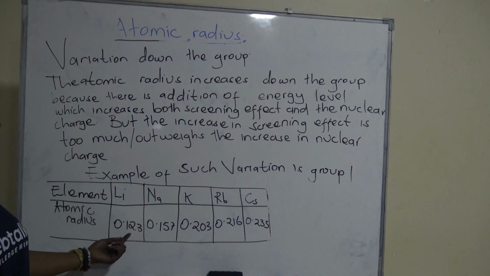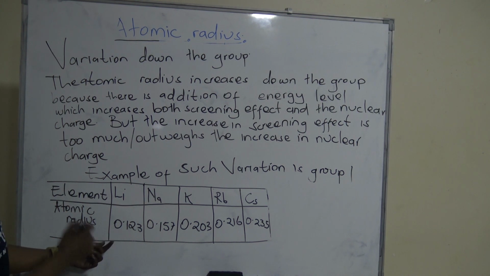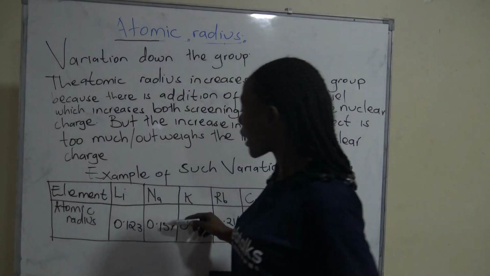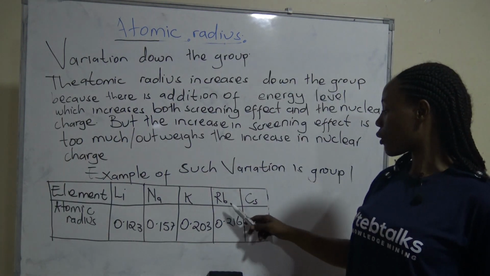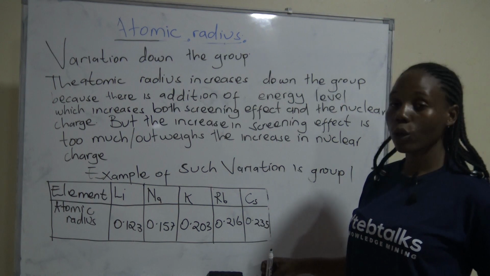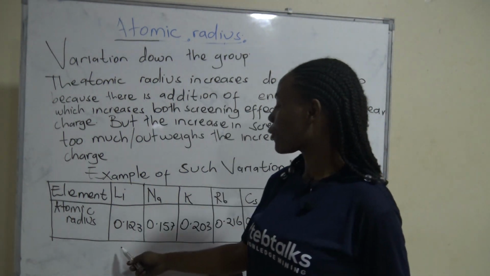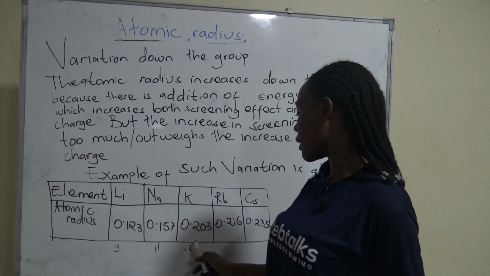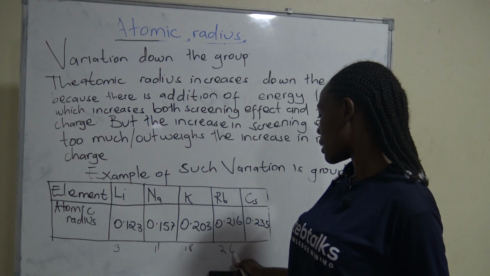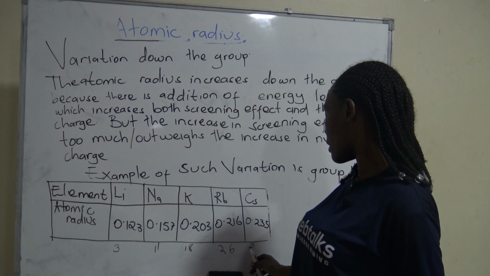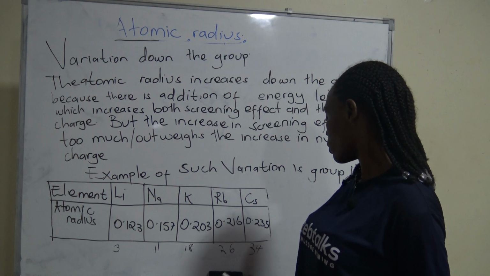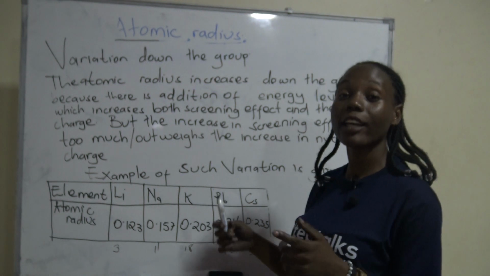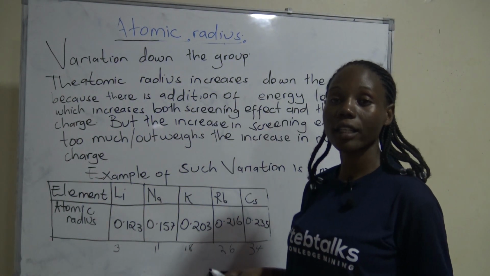So as you can see, lithium has the smallest atomic radius, and sodium follows, potassium follows, rubidium follows, and this one follows. If this has 3, this one has 11, this one has 19, this one has 37, this one has 55. The addition of 8 electrons is a full energy shell.